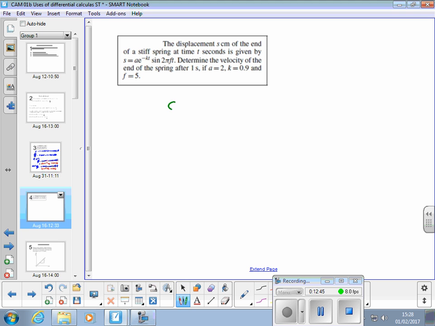We've got S is equal to A e to the minus kt sine 2 pi f t. So what rule have you got to use to differentiate that function? Yeah, the product rule.